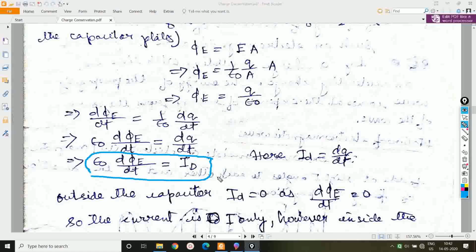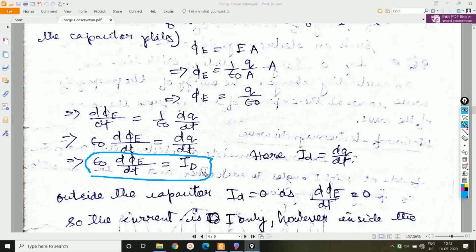Here the expression for displacement current is found for a particular situation, that capacitor plate, but I would like to tell you that it is a more general one. It is true for other situations also. That is, the electric flux changing with time multiplied by epsilon 0 is the expression for displacement current.